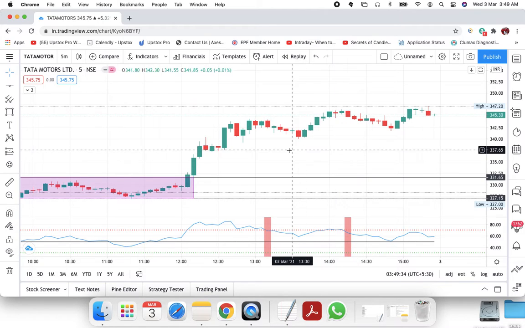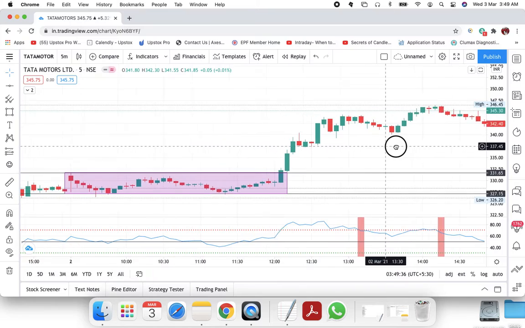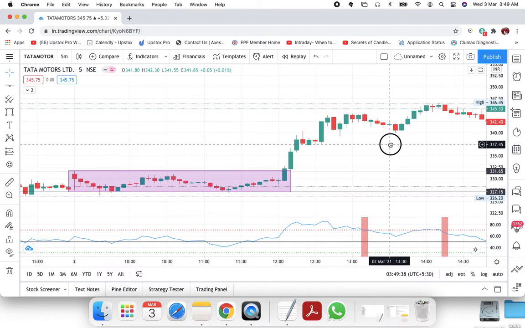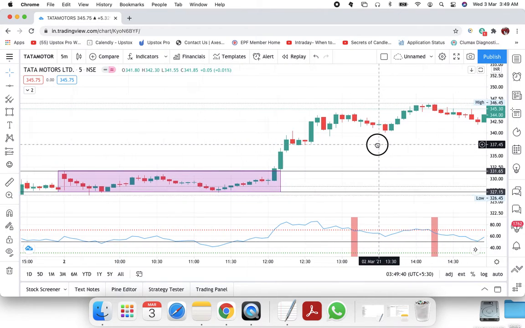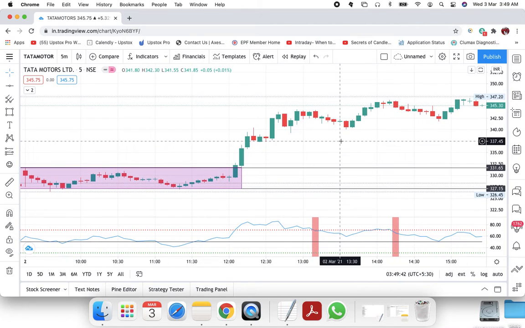So this is all about the breakouts and how our candlesticks help us to make an entry, keep the stop loss, and decide the exit point.